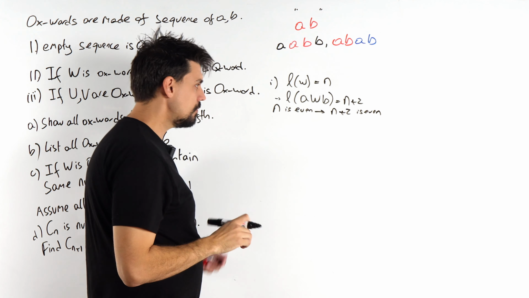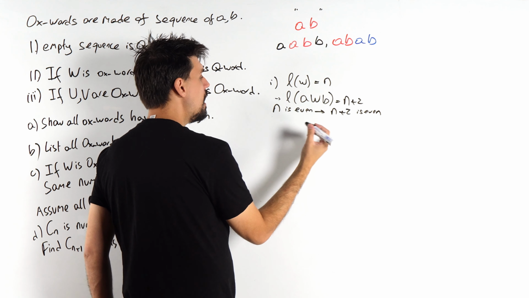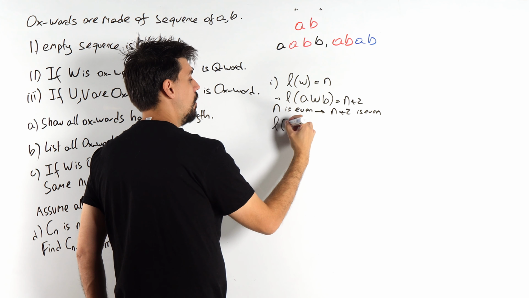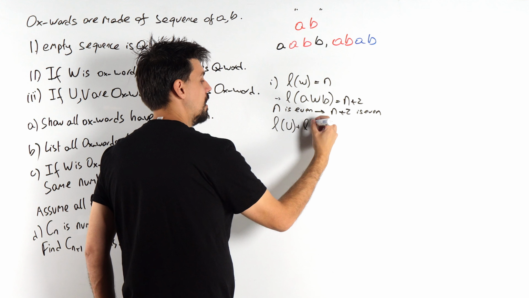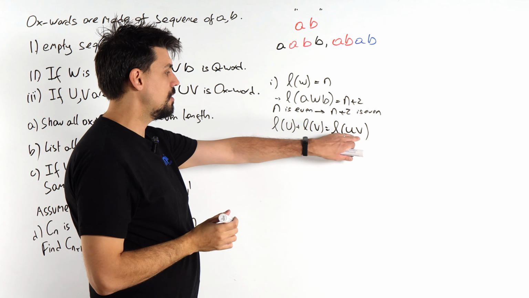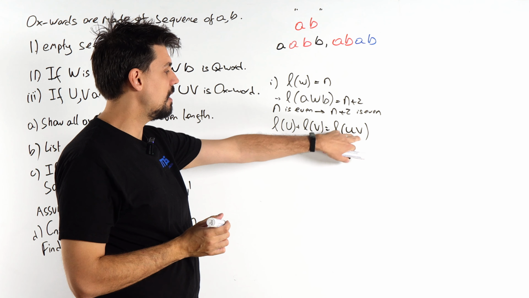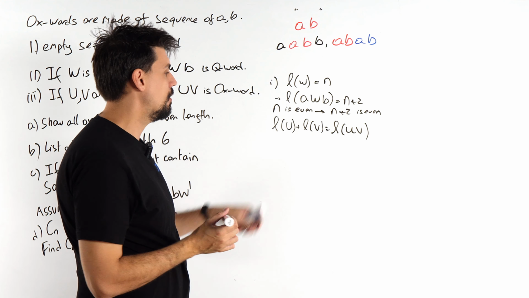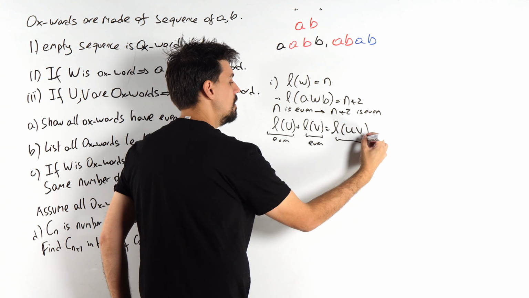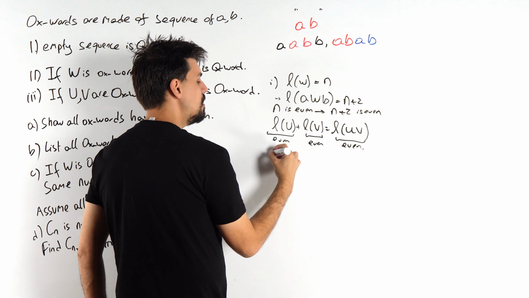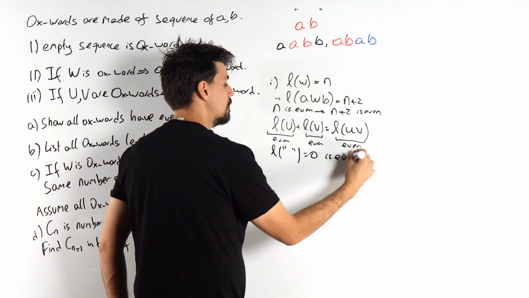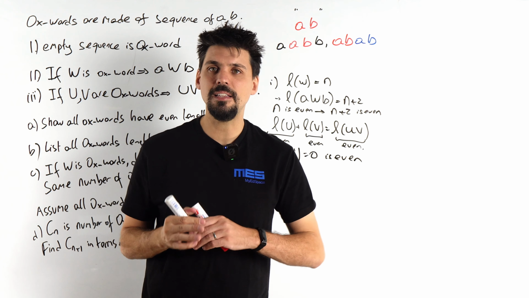And in the same way, the length of U plus the length of V is the length of UV. If I just smash the 2 words next to each other, that overall length will be the length of both of them. If this is even and that one's even, then this one's even. And because the length of just nothing is 0, which is even, this is basically induction.